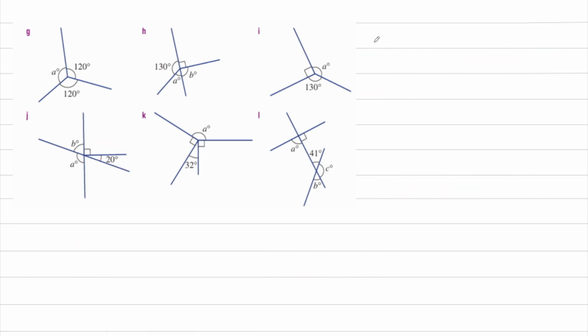Question L, the last one. You have A, B, and C. Very easy to figure out A because you can see this straight line and one of these 2 numbers is 90 degree because based on this signal, I can tell you this is 90 degree. So for A here, 90 degree. About B, that's quite easy because B and 41 are vertically opposite angles.